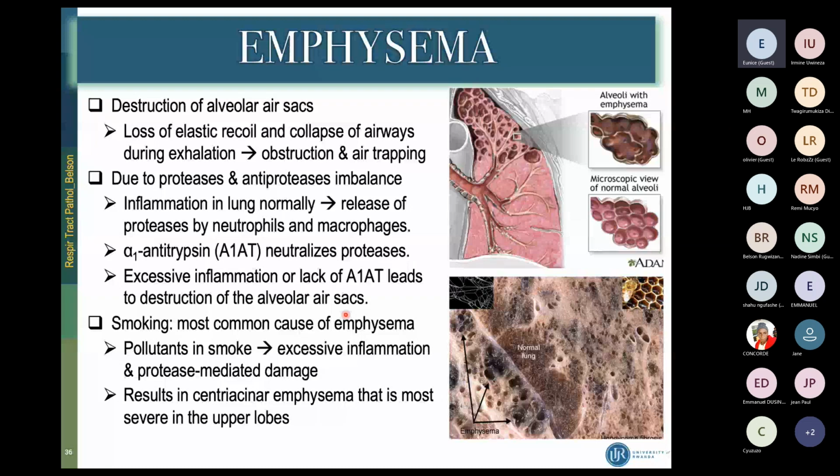So apart from bronchitis, the second disease in this category, ubundi zikunda kuvugwa muri COPD, the second one is emphysema. So emphysema muri rusange ni ibintu byoroshye, ni ukuvuga there is a destruction of alveolar air sacs. Umwuka uva mu bihaha ukinjira muri interstitial tissue.